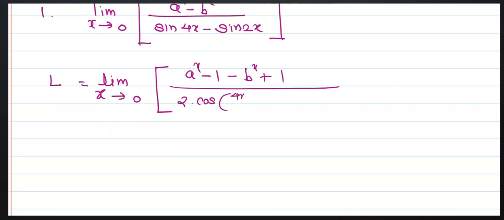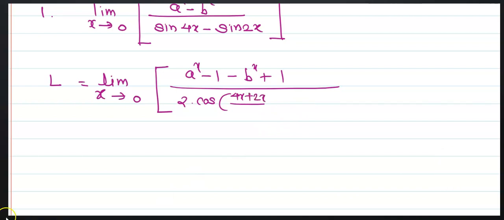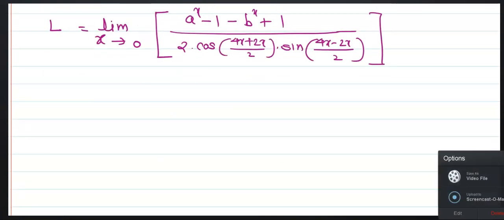Now we'll apply the formula for sine c minus sine d, that is 2 times cos of (c plus d) upon 2 into sine of (c minus d) upon 2. Therefore, we will get cos of 6x upon 2, that means 3x, and sine of 2x upon 2, that is sine x.